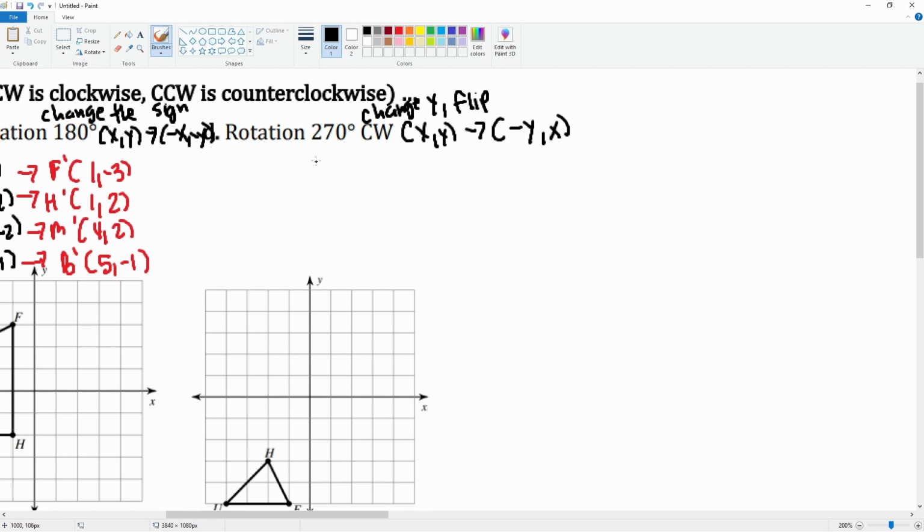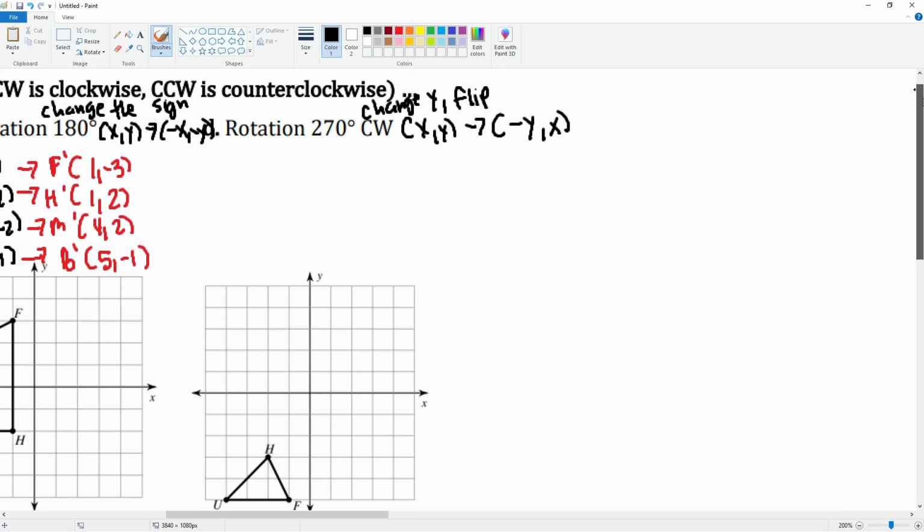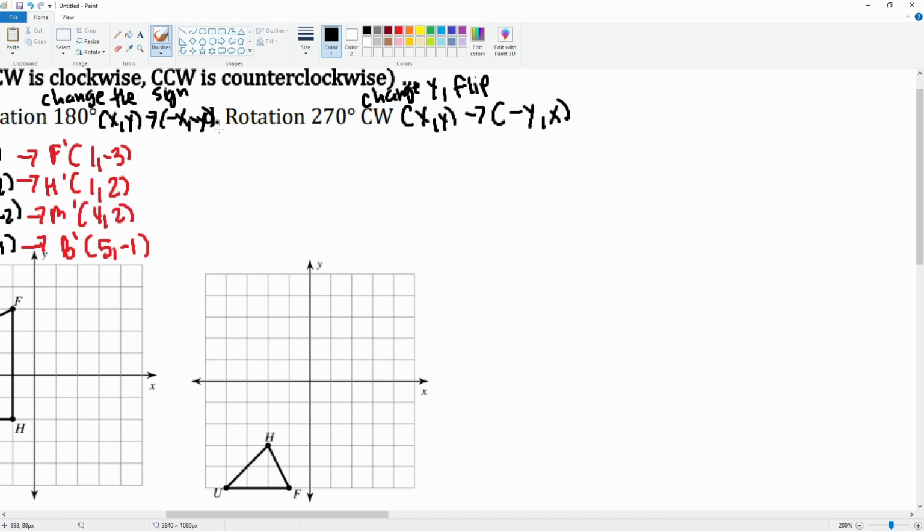Okay. All right. Let's get the original points first. So H, it is the point (-2, 3). F, which is (-1, -5), and U, which is (-4, -5).